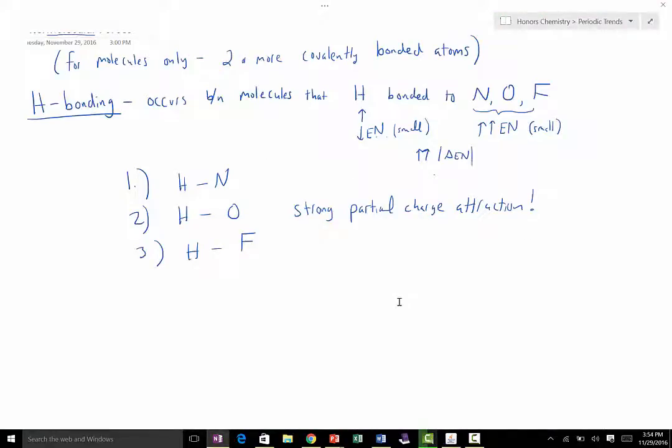So what might that look like zoomed in? Let's say I have my little water molecule here. Remember, my oxygen is partially negative and my hydrogen is partially positive. You've got these two bond dipoles going towards oxygen, forming my molecular dipole, which is in that direction towards oxygen.